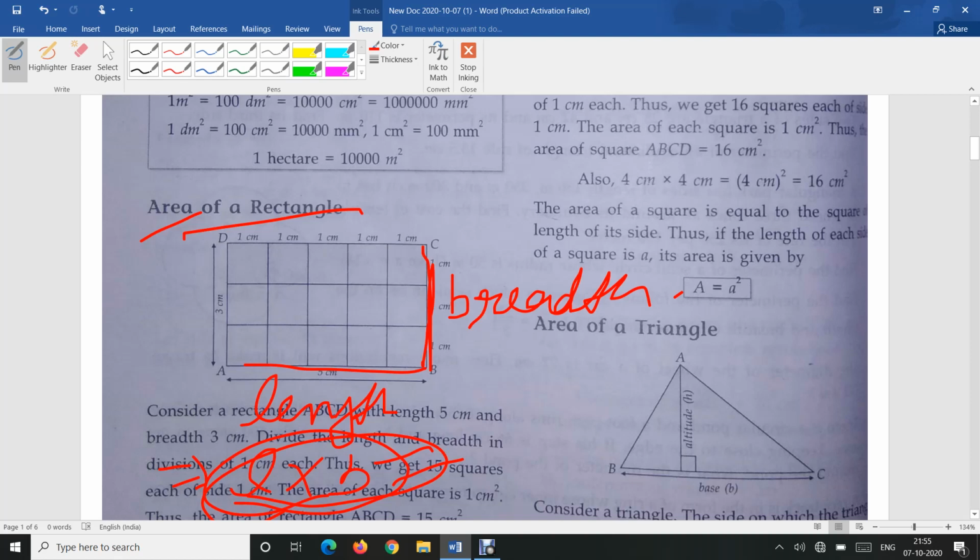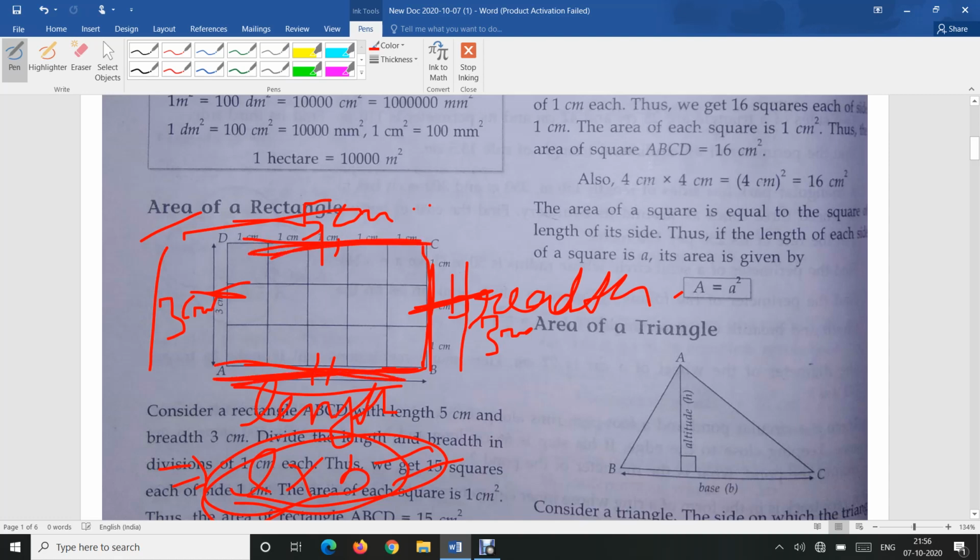There is one thing you know, that in a rectangle opposite sides are equal. That means this side will be equal to this side and this side will be equal to this side. So if this is 5 centimeter, then this will also be 5 centimeter, and if this is 3 centimeter, then this will also be 3 centimeter. This is the length, also this is the length of the rectangle.